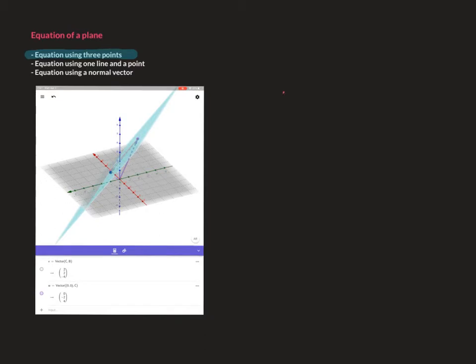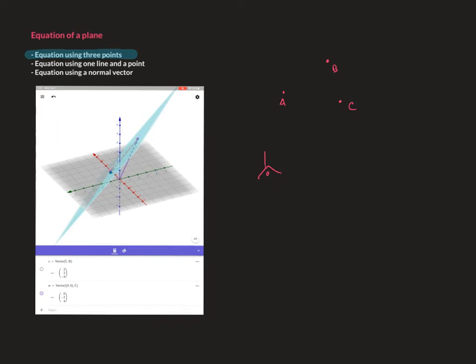So let's assume we have in space points A, B, and C. So here somewhere is the origin. Now this is a two-dimensional diagram, so it is a little bit harder to see. But if we have those 3 points and we know their coordinates, of course, they are going to form a plane.